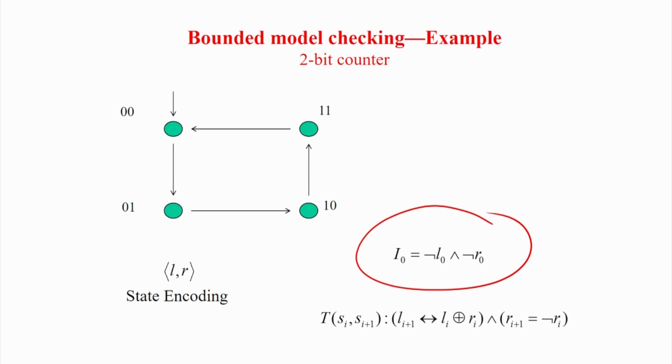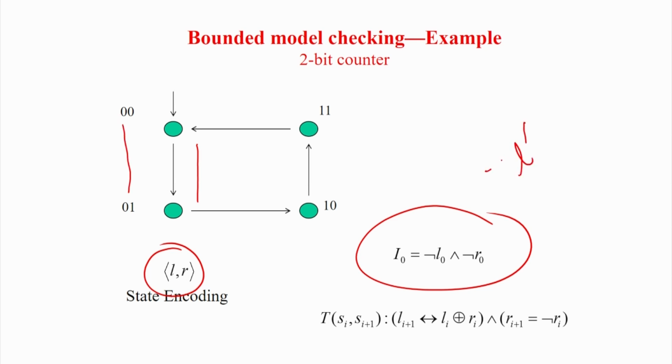As you might have seen in your symbolic model checking, we had something called x and x prime. So x was the state variable corresponding to the present state and x prime was the state variable corresponding to the future state. For example, if I want to model 00 to 01, you would write x, not x, and x prime. So we are writing it in terms of L and R, with prime for the next state.